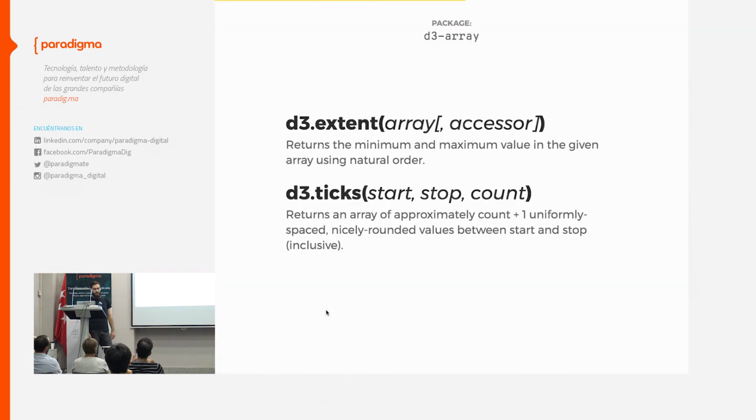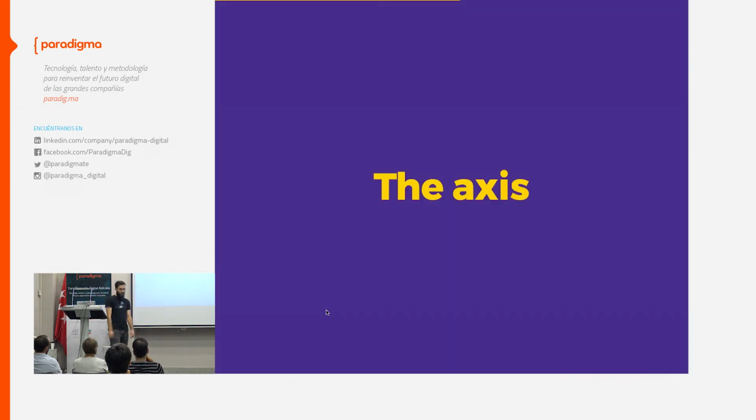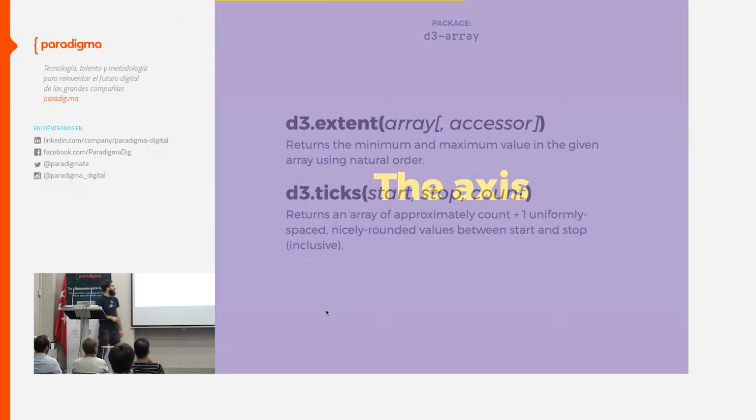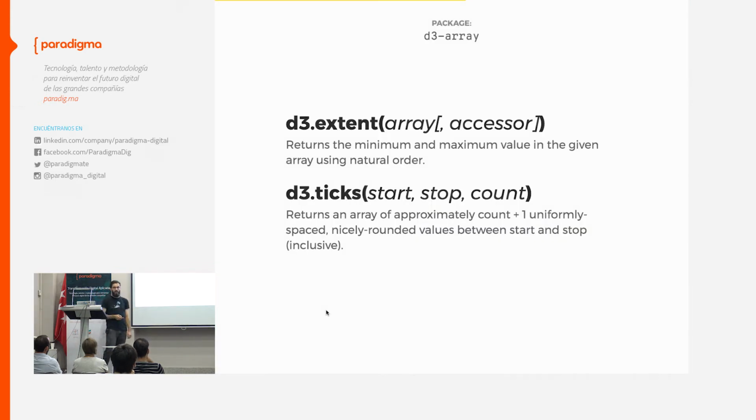Because in D3 you have some rendering function that you just pass the data, and it returns an already built SVG group that contains the axis. But the downside is that in D3 you don't have any customizability. So instead we can manually build our axis, and there are some methods in D3 that we can use to help ourselves.